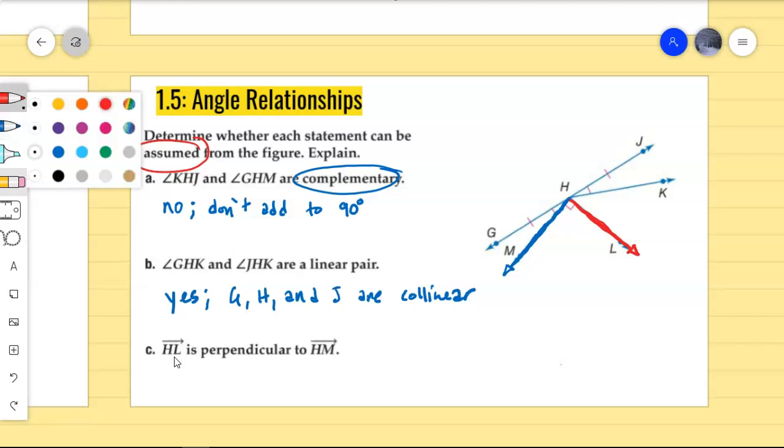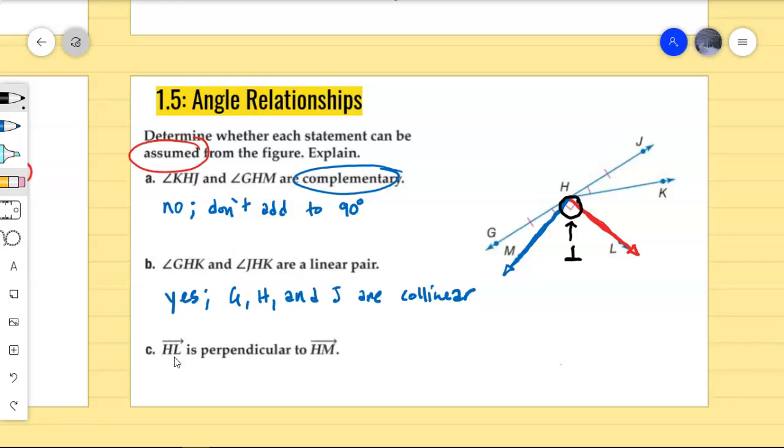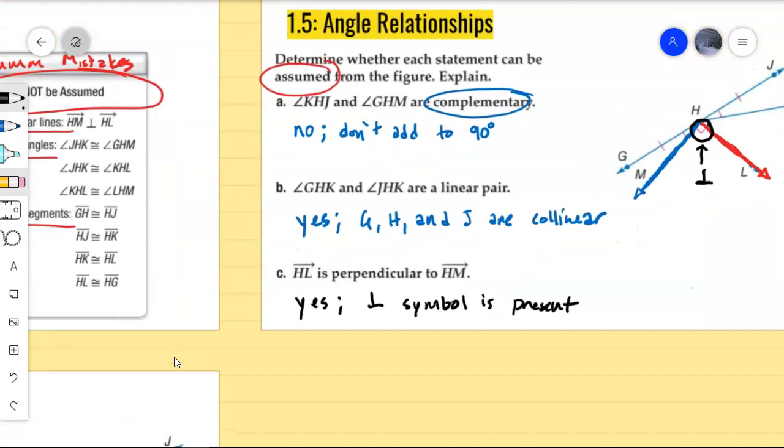And the answer is yes, you may. And if you're wondering how, it's because there is that perpendicular symbol that is present there. And the perpendicular symbol being present, we can go ahead and say yes, because the perpendicular symbol is present.